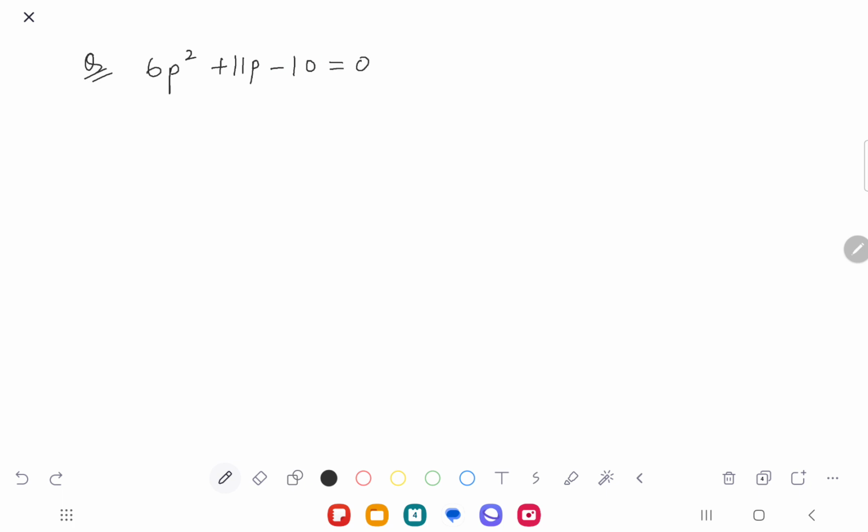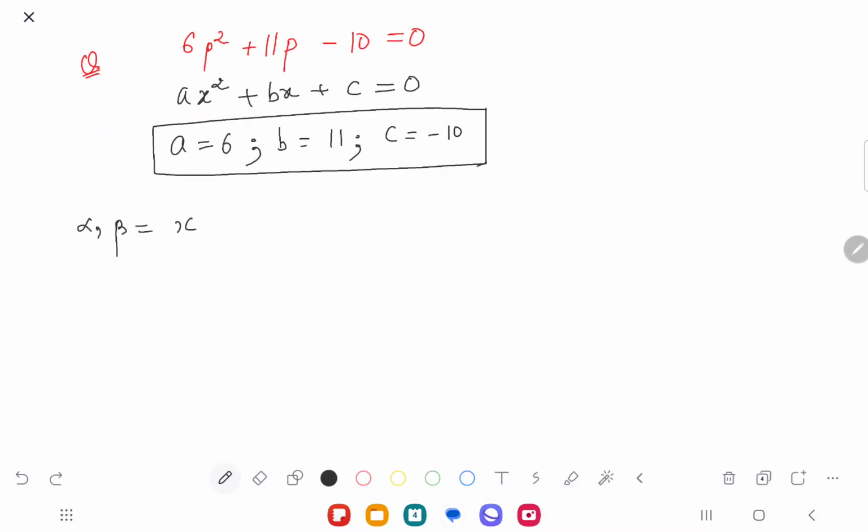When we have this particular equation, my equation is 6p square plus 11p minus 10 equals 0. Okay? So what do you think I'm supposed to do? Yeah, this is the question. So am I not supposed to put in my values in the formula, which is minus b plus minus under root of b square minus 4ac over 2a?